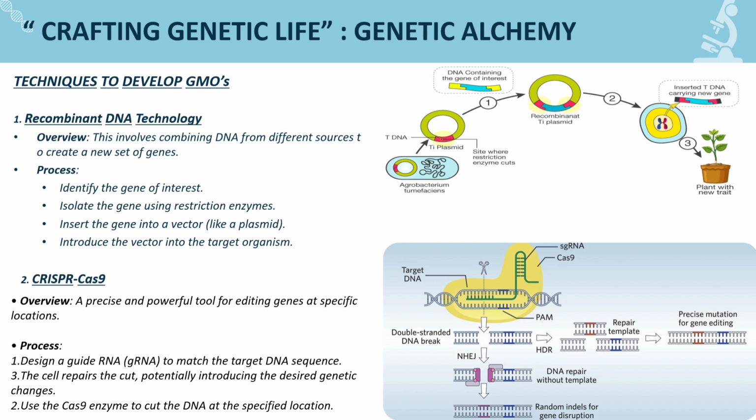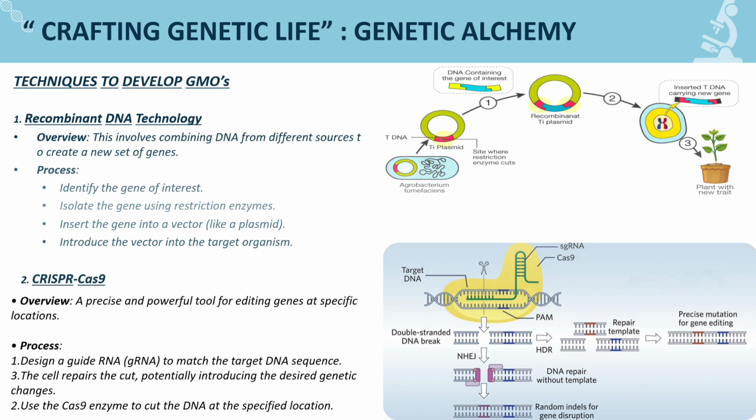After this, you can remove the gene and in place of that insert your target gene, or you can simply remove the gene. Then, through homologous recombination, the DNA will be repaired and the gene will be inserted.